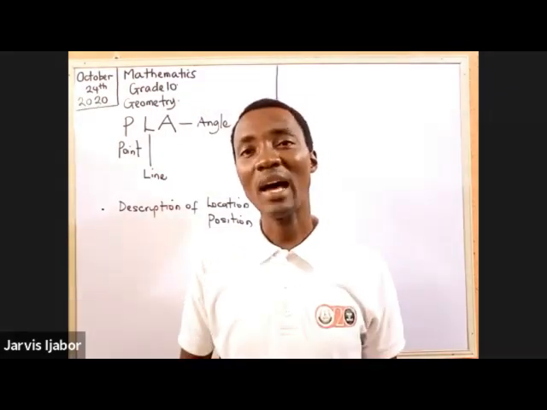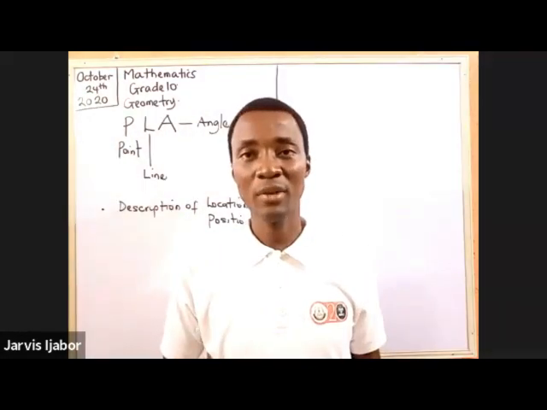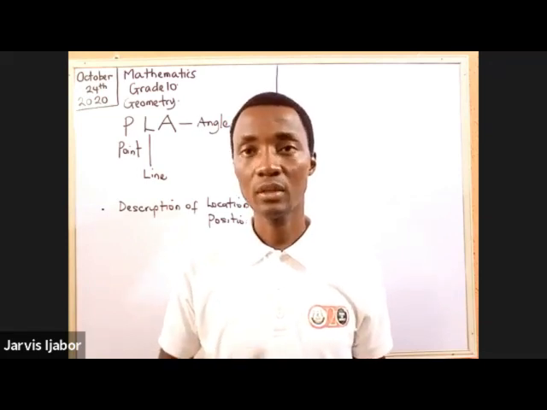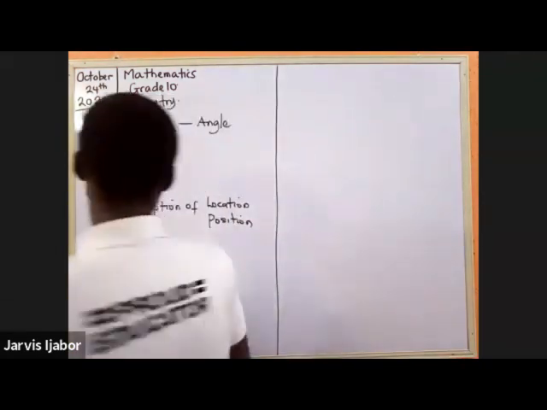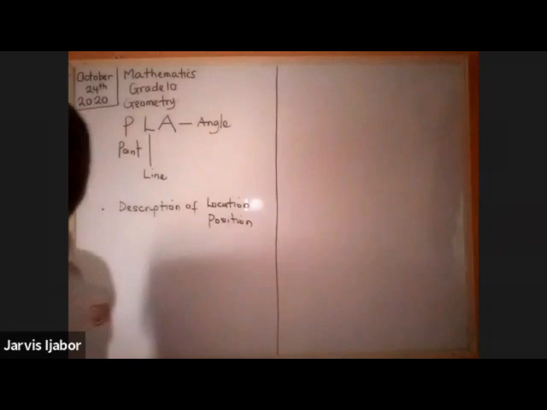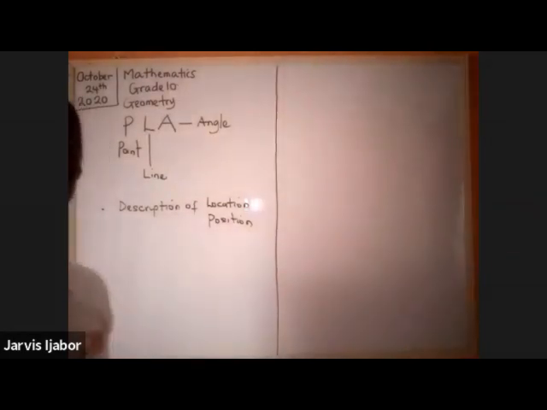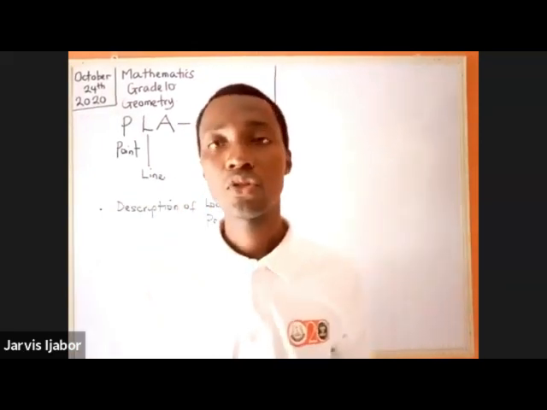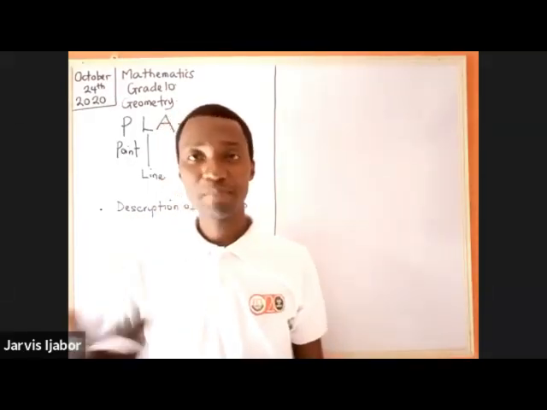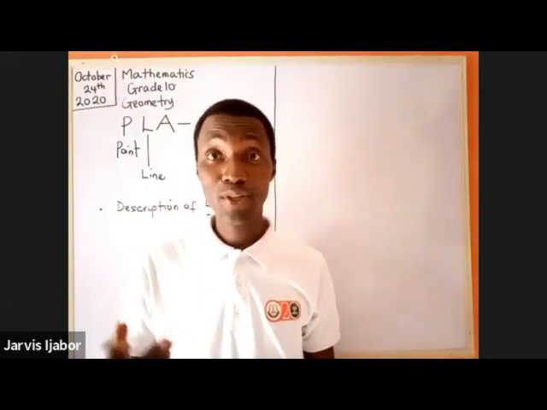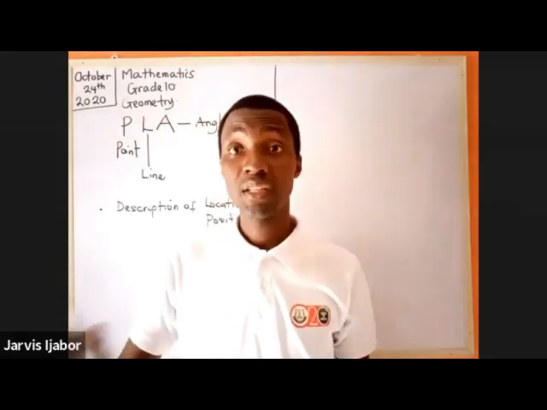But that's not what, as mathematicians, we will bother ourselves about. We are more concerned with how we represent that mathematically. That's our major concern when it comes to this matter.